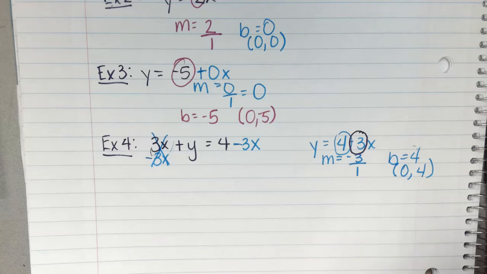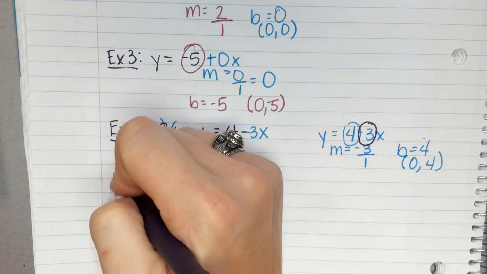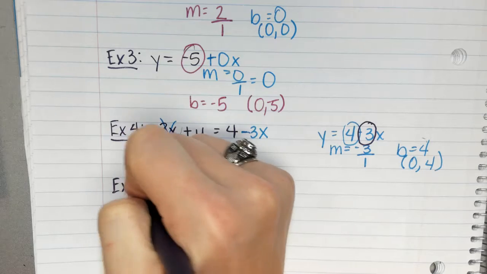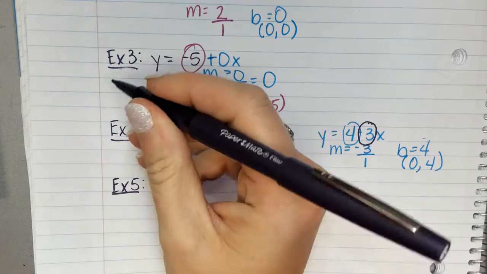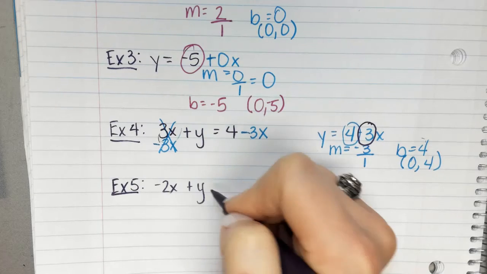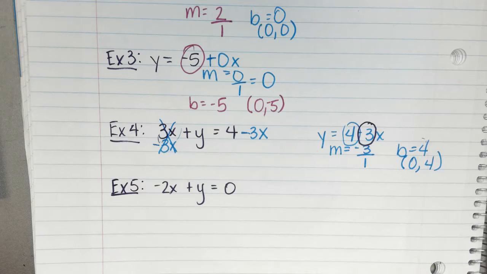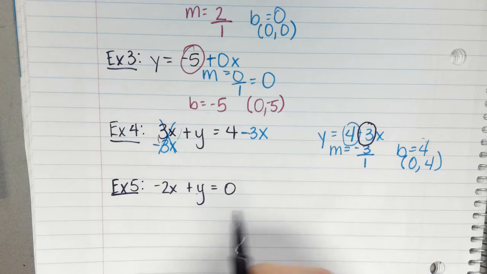Let's do one more of those, and then I'll let you do your worksheet. We're going to apply this knowledge to your worksheet today. So we have -2x plus y equals 0. We've got to get this into y equals form.